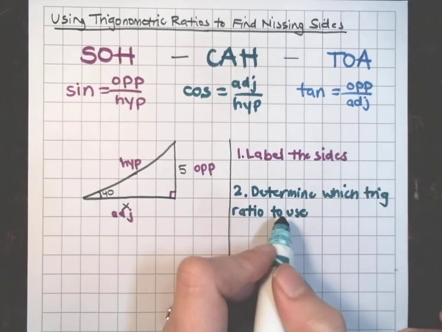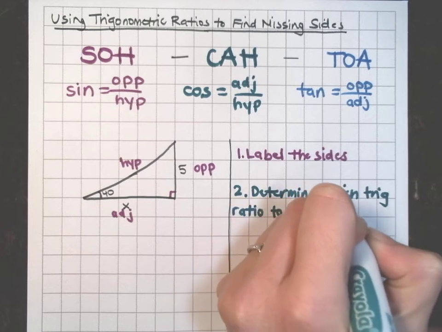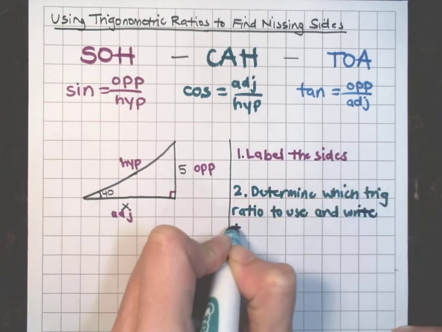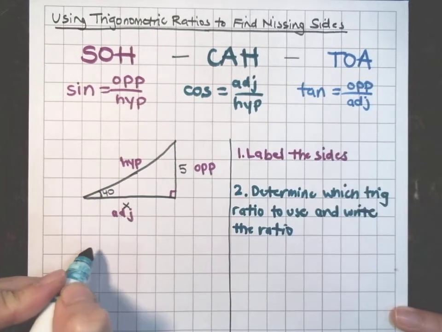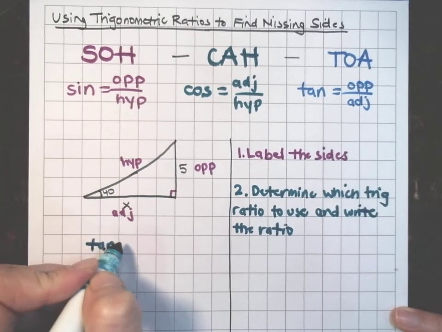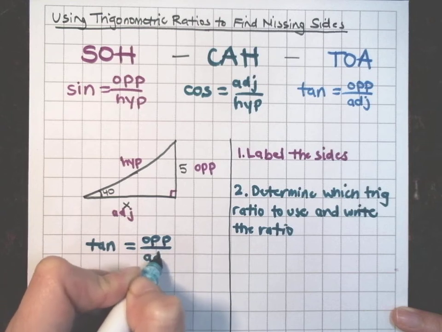You determine which trig ratio to use and write the ratio. So now we know it's going to be tangent, which equals opposite over adjacent.